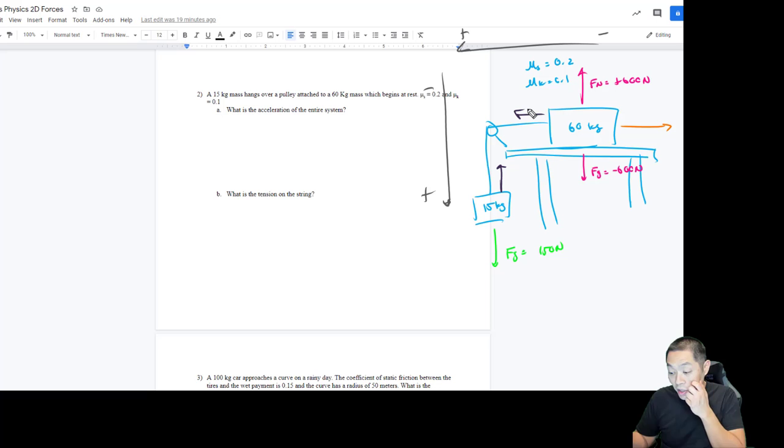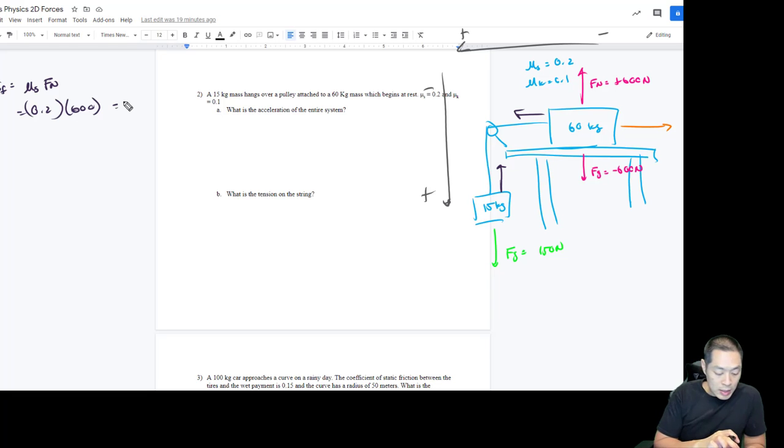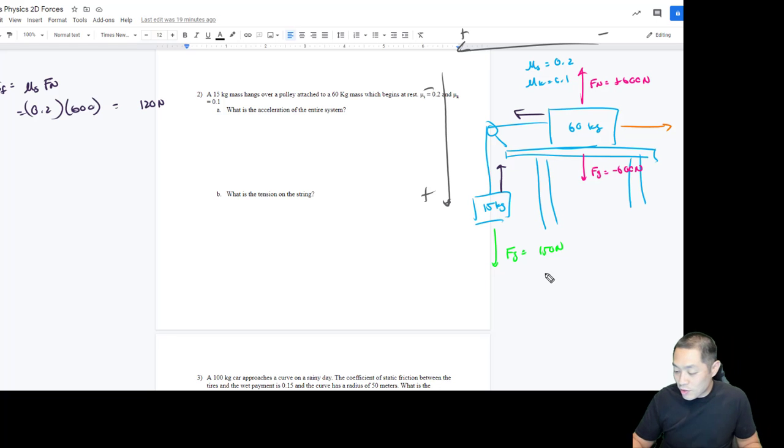Okay, so we want to know, is it moving? In order to find out, we need to find mu s. So force of static friction is mu s Fn. Mu s in this case is 0.2. Fn is 600, and you get 120 newtons.